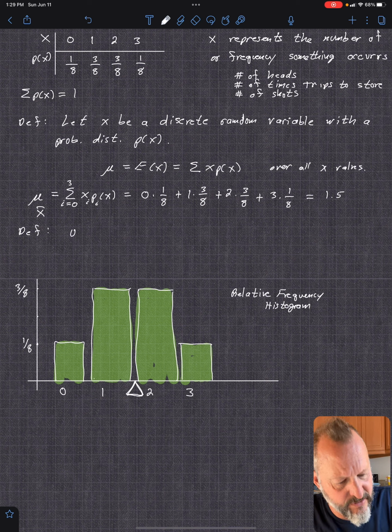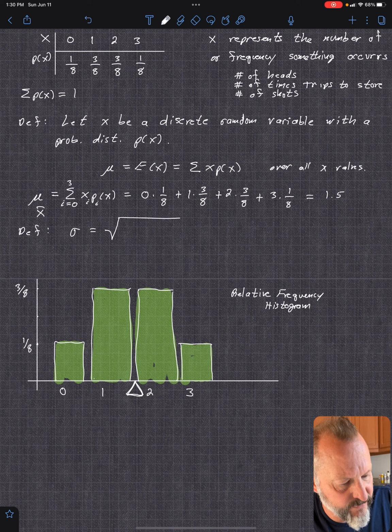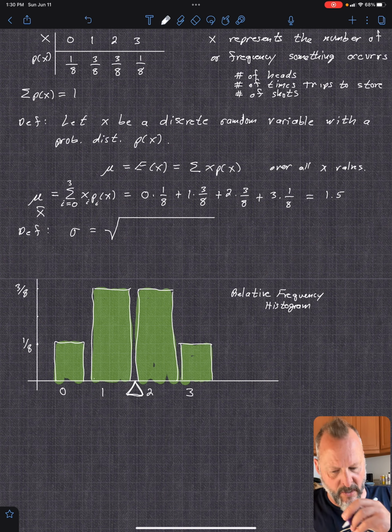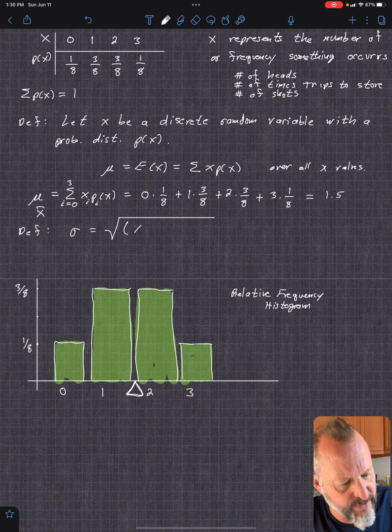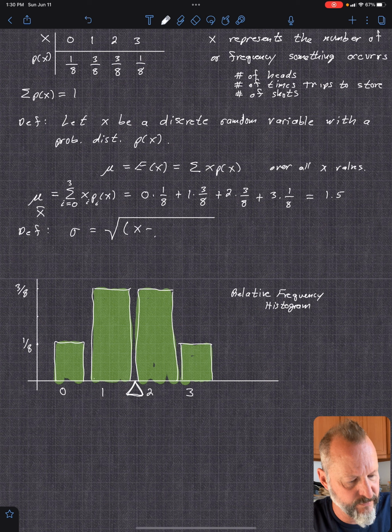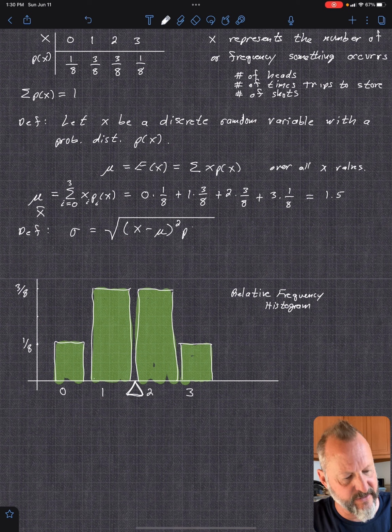So sigma is equal to the square root of the sum where you take each x, subtract mu, or x bar, and square it, and then you multiply by p of x.